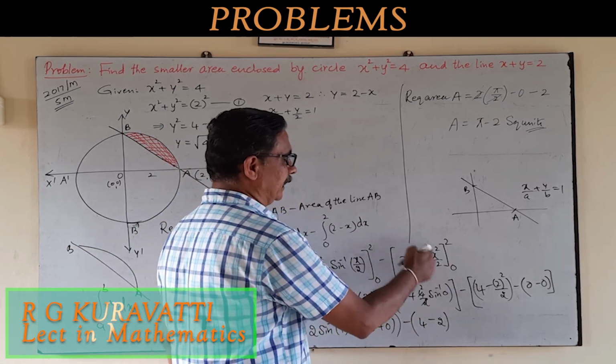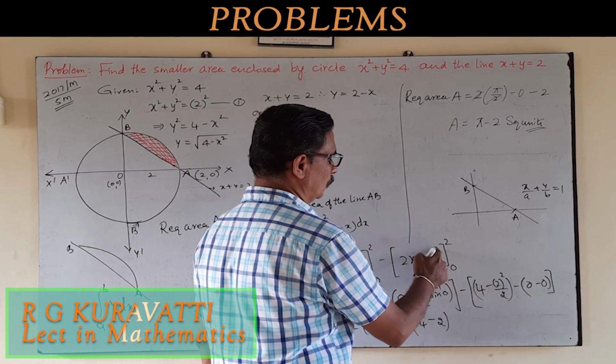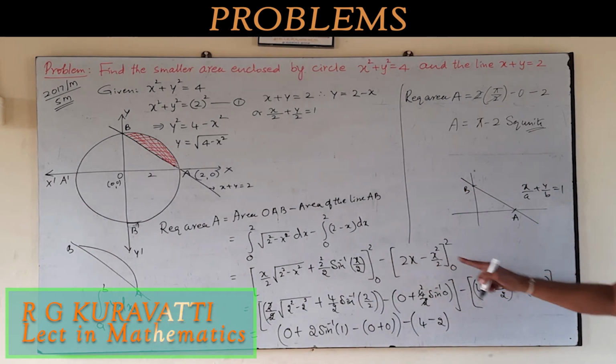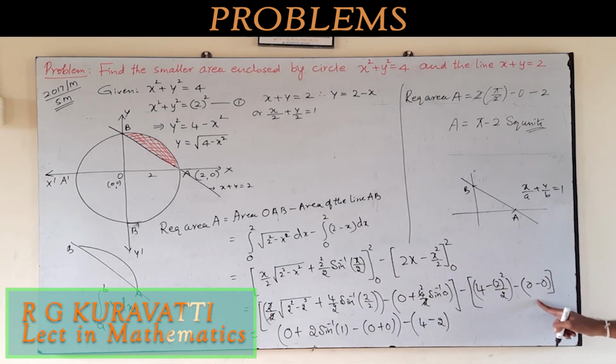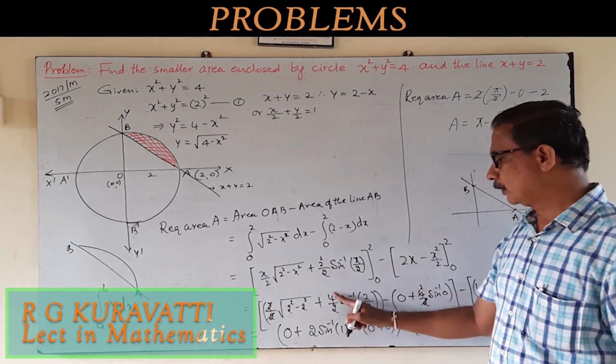Minus, again in the second part, put x equal to upper limit: 2 into 2 is 4 minus 2 square by 2, minus lower limit, put x is 0: 2 into 0 is 0 minus 0 square by 2 is 0. Simplify: 2 square minus 2 square is 0. 4 upon 2 is 2.